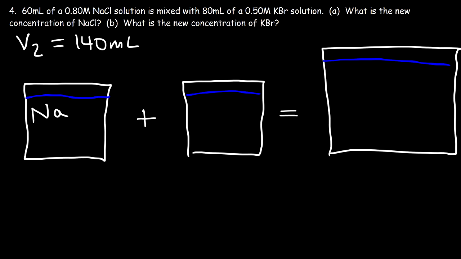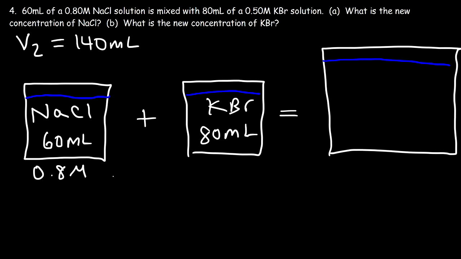Let's say the first solution is NaCl and the second solution is KBr. The volume for the first one is 60 milliliters and for the second it's 80. And the concentration of sodium chloride is 0.8 and the concentration of KBr is 0.5. So once we mix the 2 solutions, the volume of the new solution is going to be 140. It's going to be 60 plus 80.